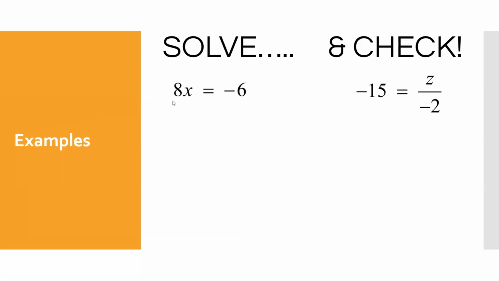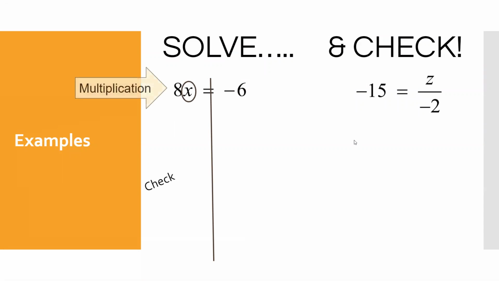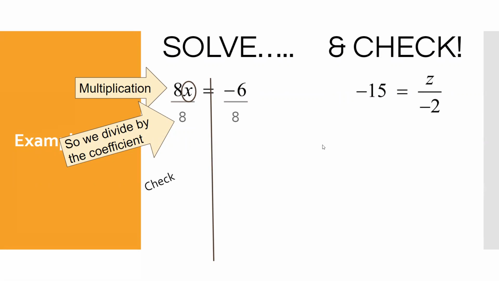I just have to do the inverse operation in order to get rid of it. I've got 8 times x. Since that is multiplication, I know that I'm going to have to do division. We're going to divide by that coefficient. Coefficient's that number in front of the variable, so it's that 8. So we're dividing by 8 on both sides.